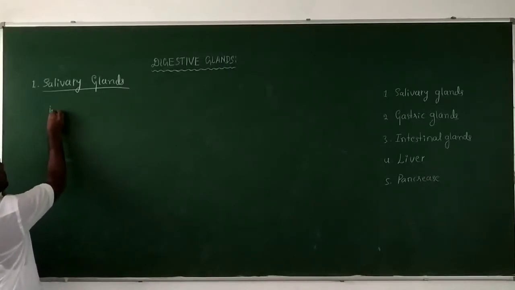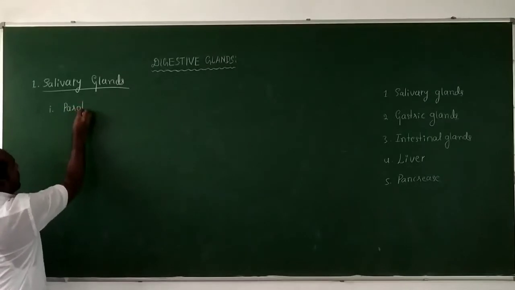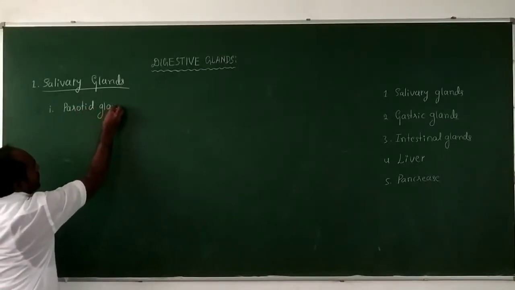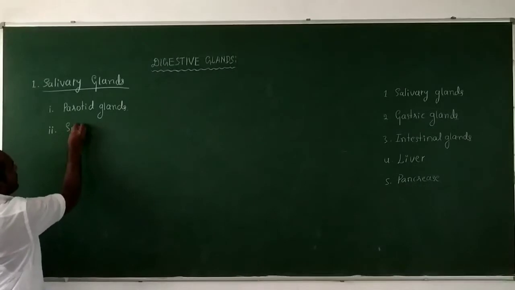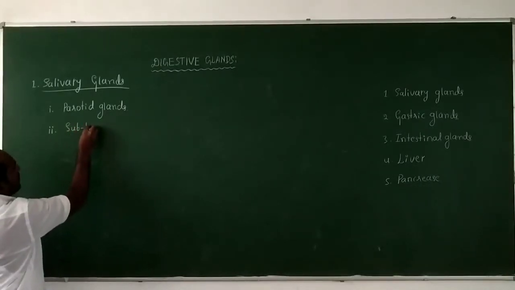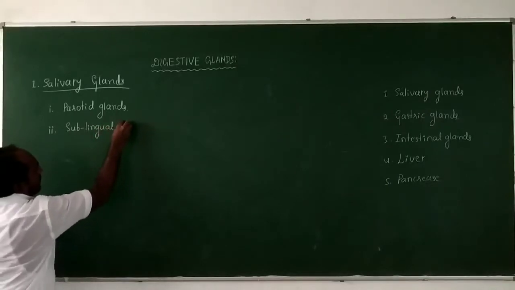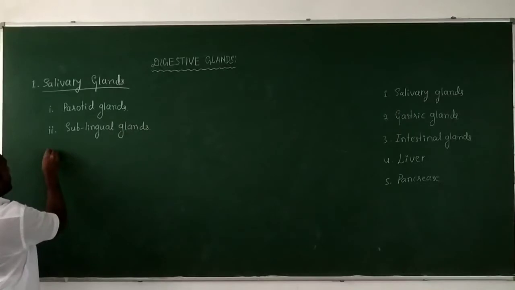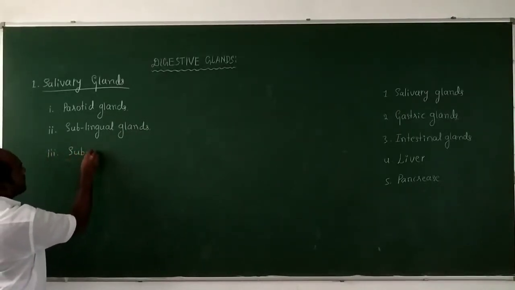First one is parotid glands, and second pair is sublingual glands, and third one is submaxillary glands.